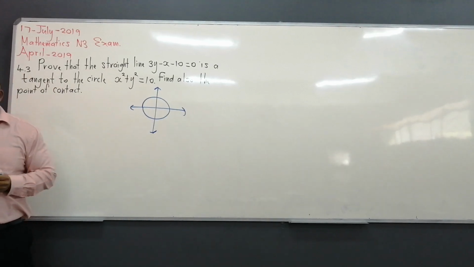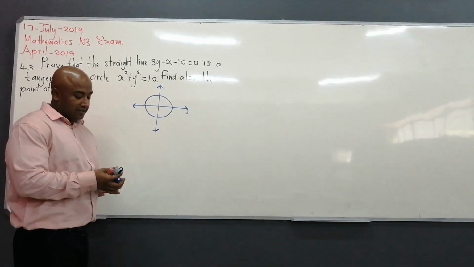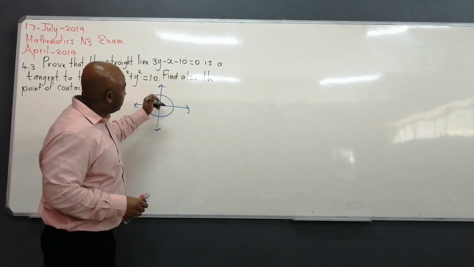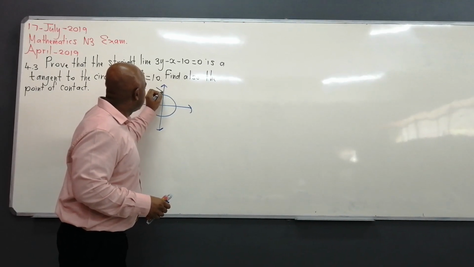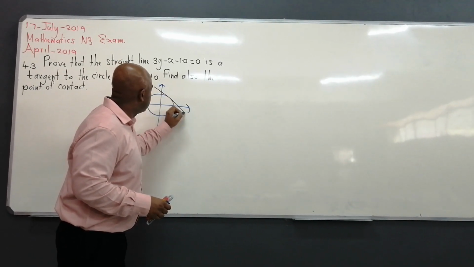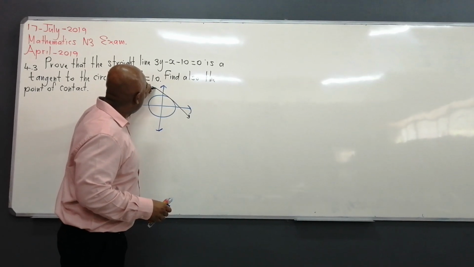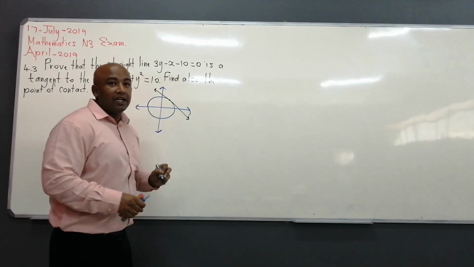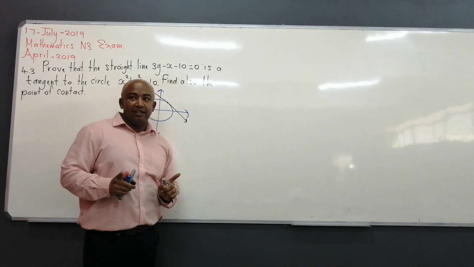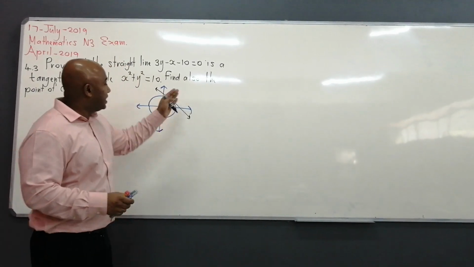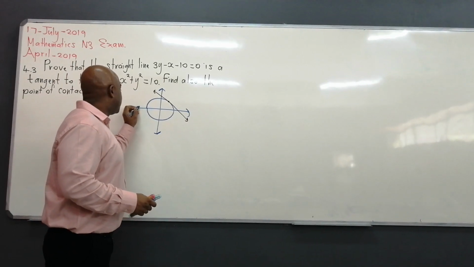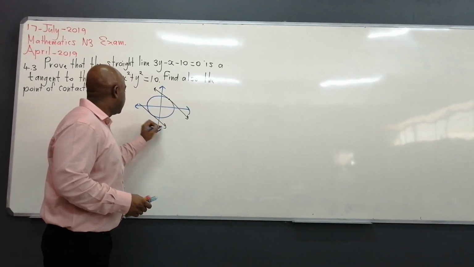So if the straight line touches the circle at one point only, then it is a tangent to the circle. Okay, so it could touch on this side, it could touch on this side here.